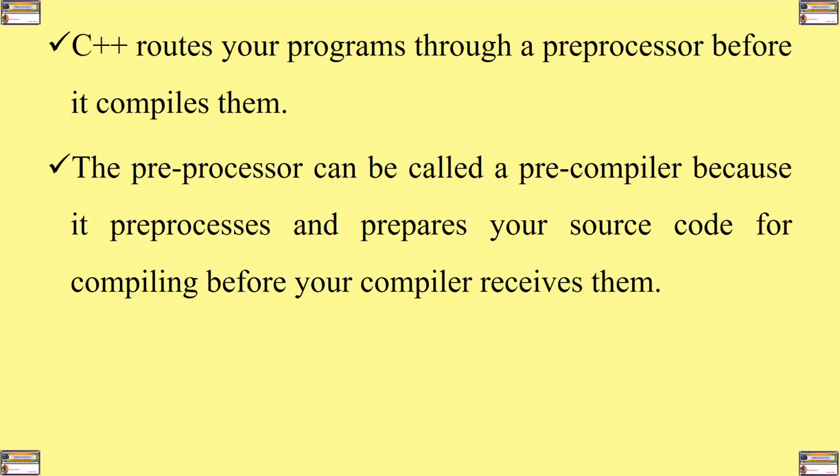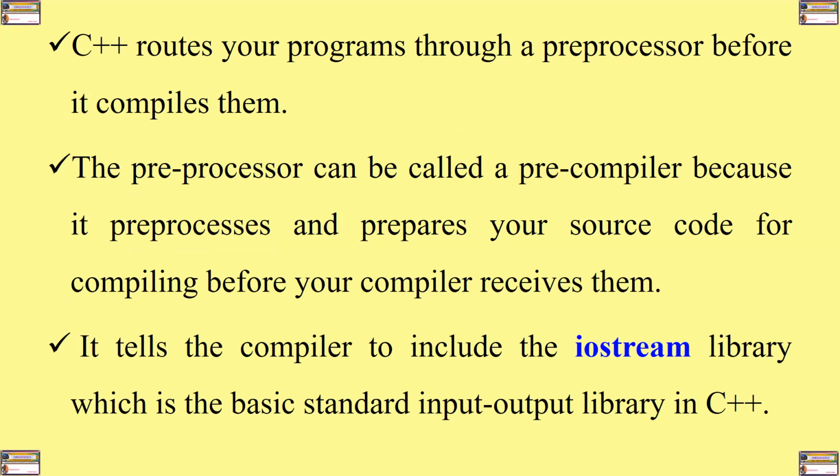The preprocessor can be called a precompiler because it preprocesses and prepares your source code for compiling before your compiler receives it. It tells the compiler to include the iostream library, which is the basic standard input-output library in C++.